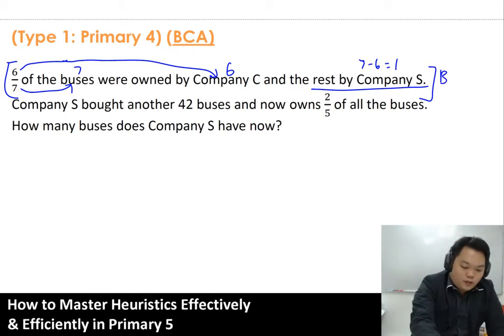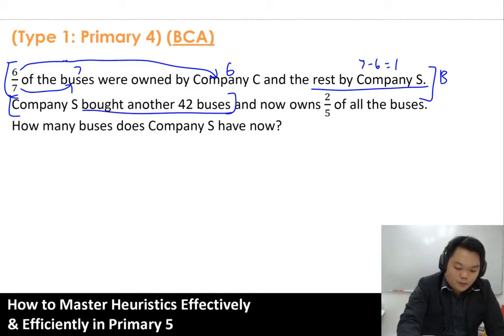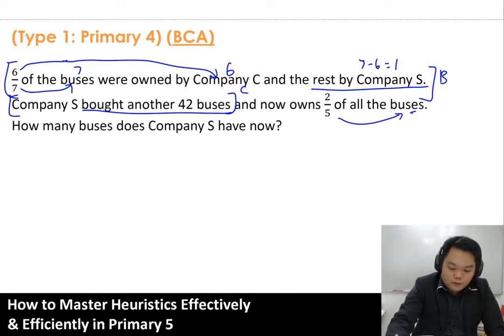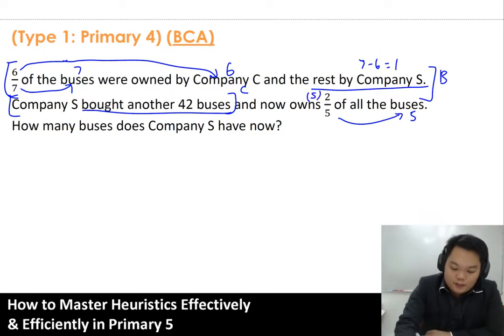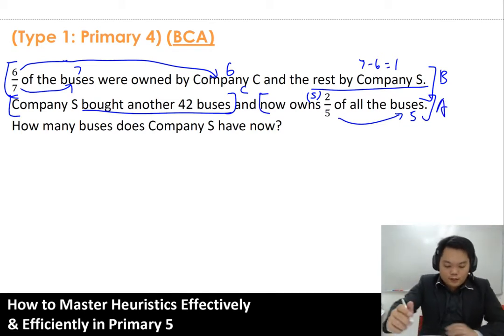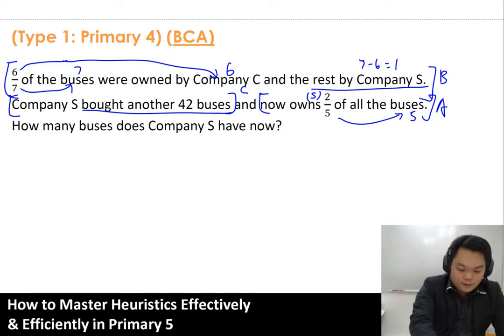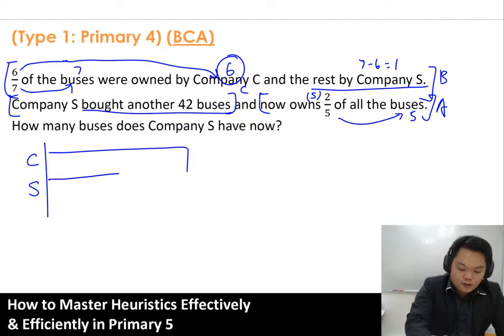The change is the action that Company S took. Company S bought 42 buses, now owns 2 out of a total of 5 of all the buses. How many buses does Company S have now? This is hereafter. So let me start this out with model drawing. Between Company C and Company S, we see that Company C has got 6 units.